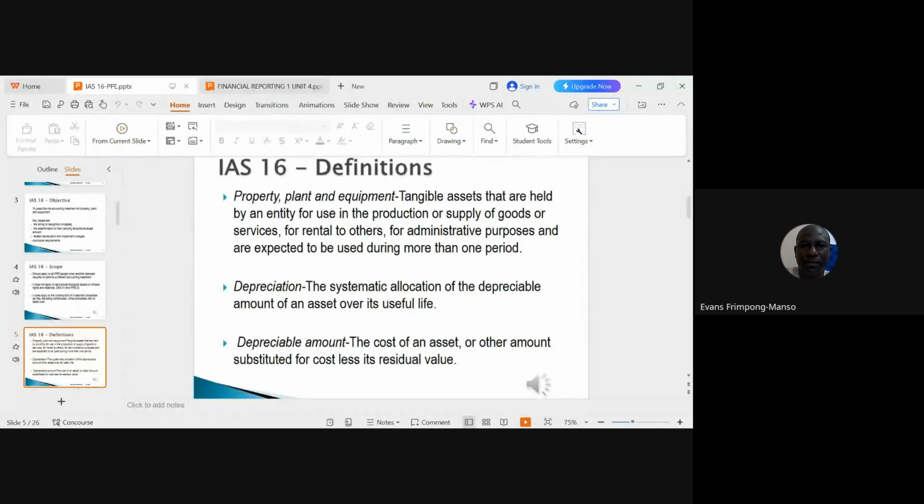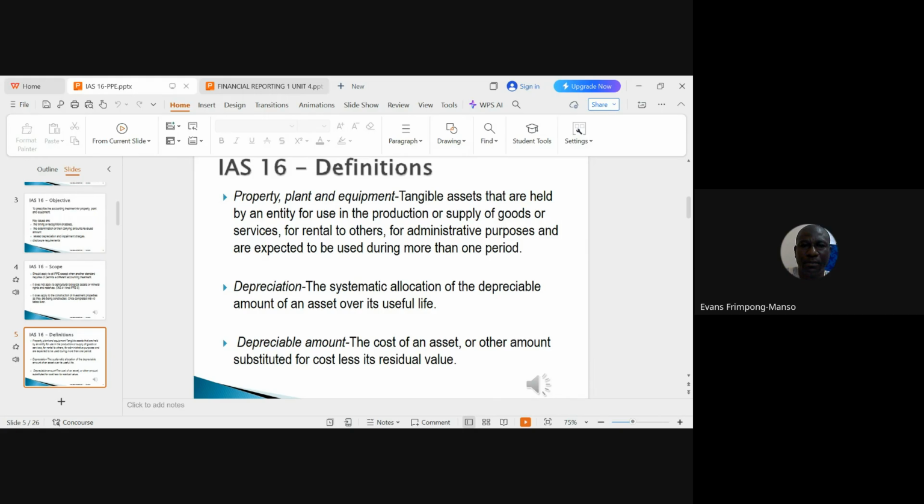And because we use them to produce goods or supply services, there will be wear and tear, or a reduction in value. The more we use it, the more wear and tear on that particular asset. So we also have to account for that wear and tear, and that wear and tear is what we term as depreciation.